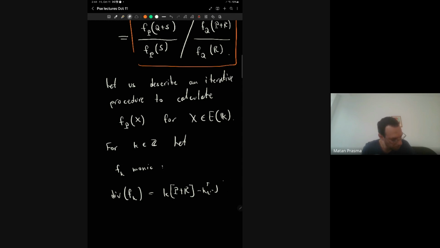So f_k needs to be a monic function such that the divisor is k[P+R] minus k[R] minus [kP] plus [O].